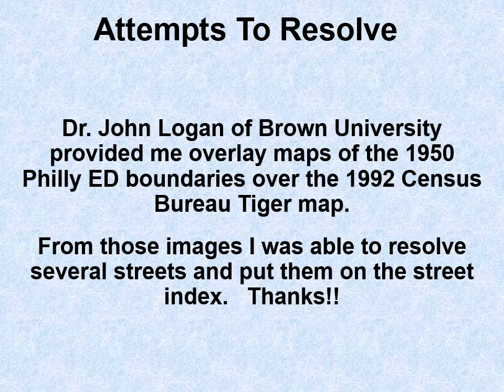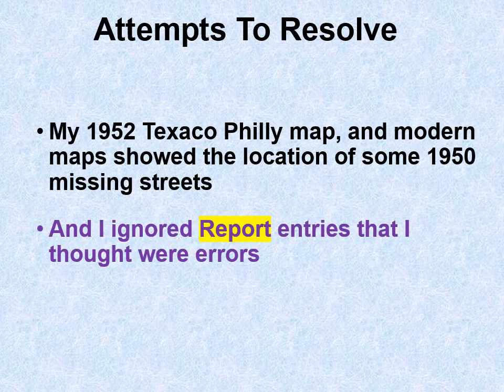Remember, it's about 1941, 1942, and put them on the street index. Similarly, my 1952 Texaco Philly map and modern maps show the location of some 1950 missing streets, and I made some independent judgments and ignored report entries that I thought were errors.